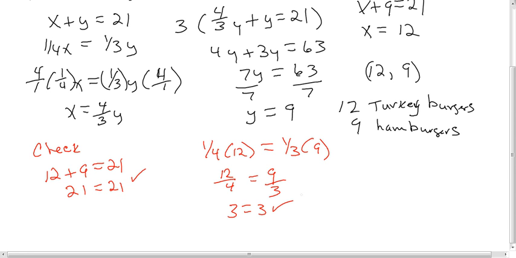So we checked, and we have an identity for both equations. So we've come to the conclusion that Josh, with what he had to work with, grilled 12 turkey burgers and 9 hamburgers. Good job, Josh. See you guys soon.